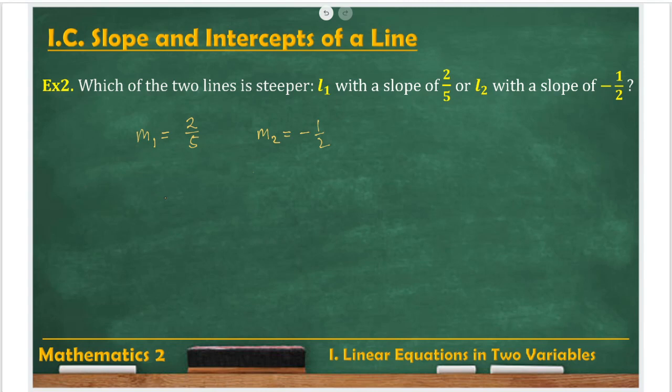Which one is steeper? For the two slopes, just get the absolute value. The absolute value of m sub 1 is equal to 2/5. And the absolute value of m sub 2 is, of course, the absolute value of negative 1/2, which is equal to positive 1/2.